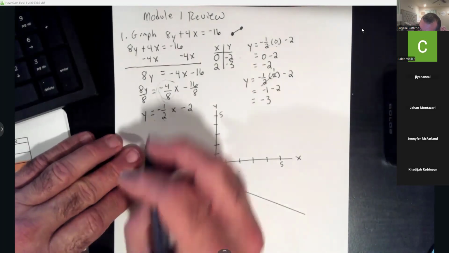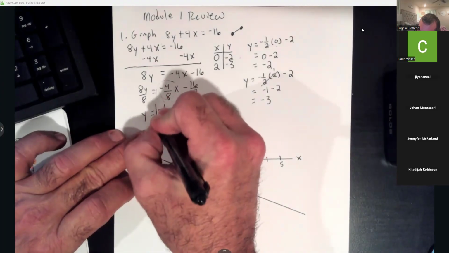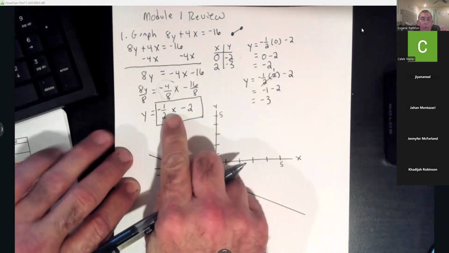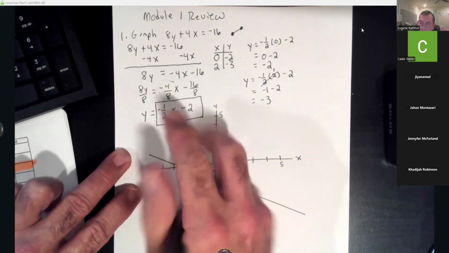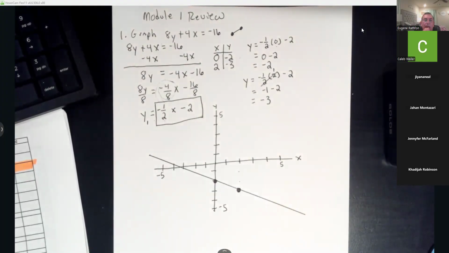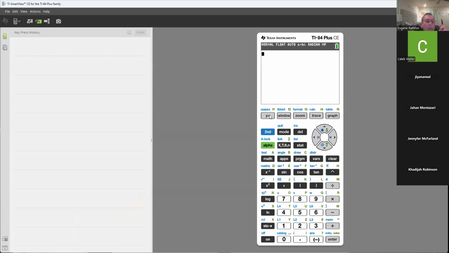Now, also, I'll show you on the calculator. On the calculator, you still want to solve it for y, and you're going to put that in for the equation and go to y1, okay? So I'm going to actually share the calculator real quick. All right, I'm going to go to y equals.